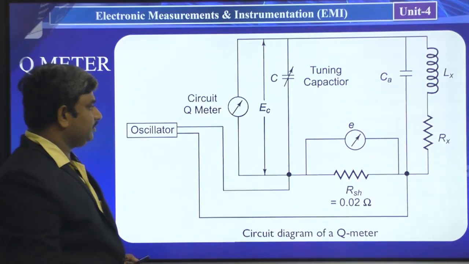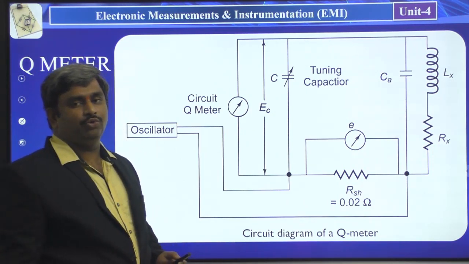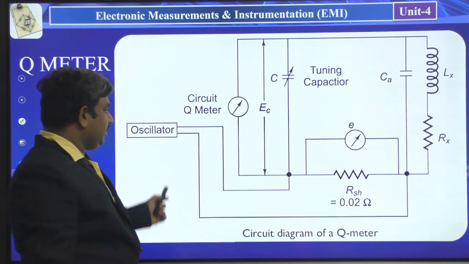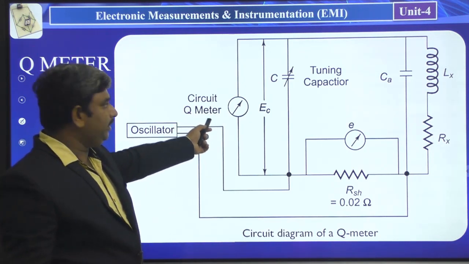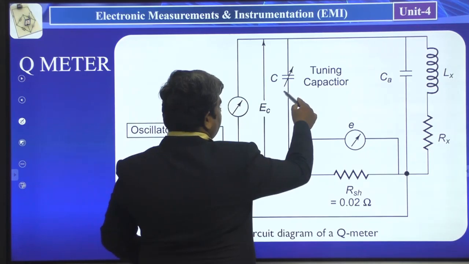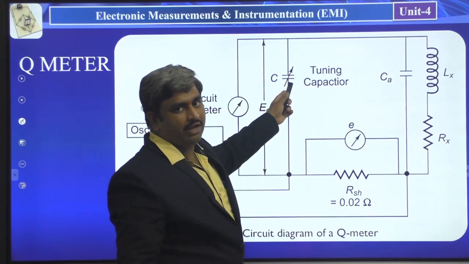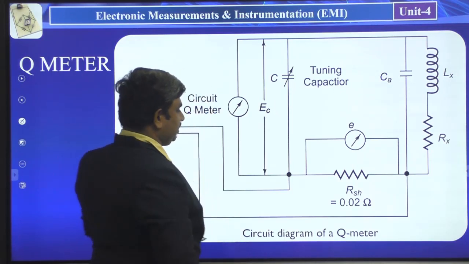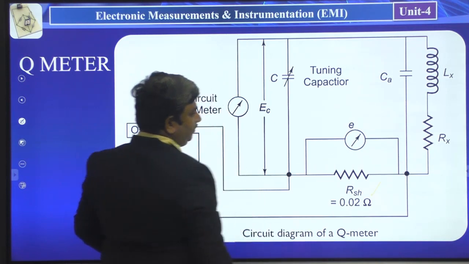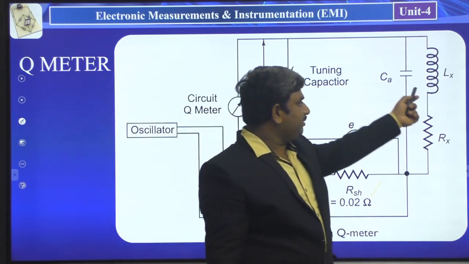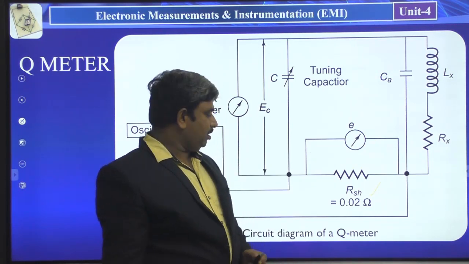Right. Next. This is the basic circuit diagram for Q meter or RLC meter. Here we have an oscillator circuit, and here we have a variable capacitor C. This variable capacitor we generally call the tuning capacitor. Here we have a shunt resistance, a meter, and some inductance and resistance parameters.